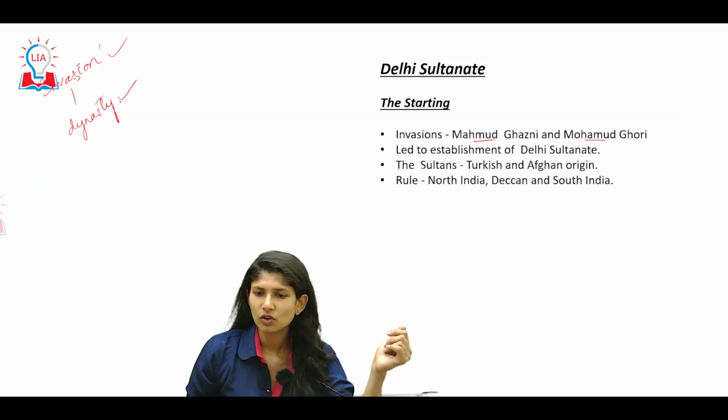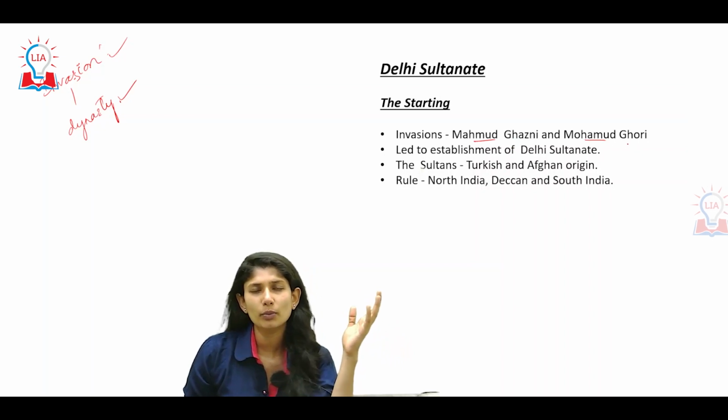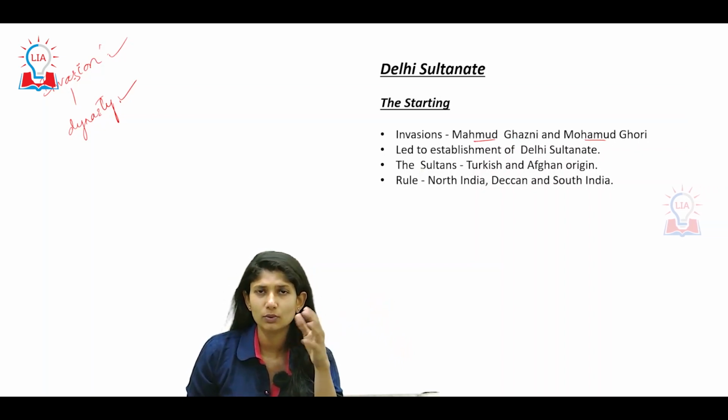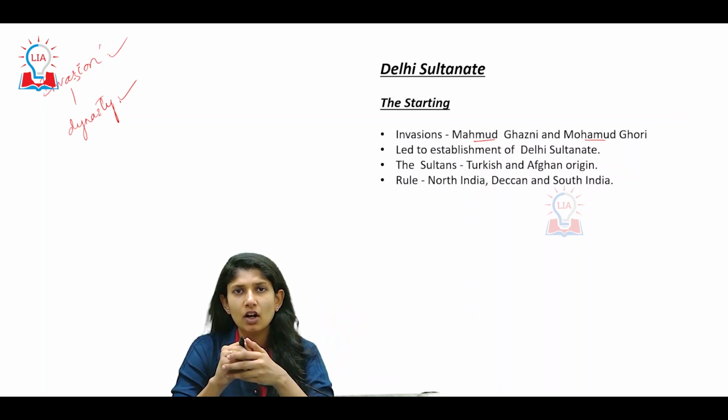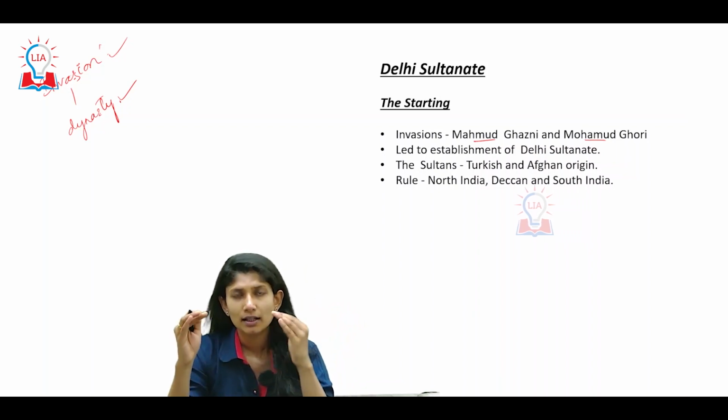The invasions of Muhammad Ghazni and Ghori opened up a pathway towards your northwest, that is to Delhi. And then it led to a person, here being Qutb-ud-din Aibak. He came here and started the dynasty, which is nothing but the Slave Dynasty.